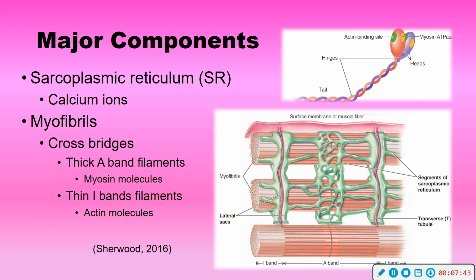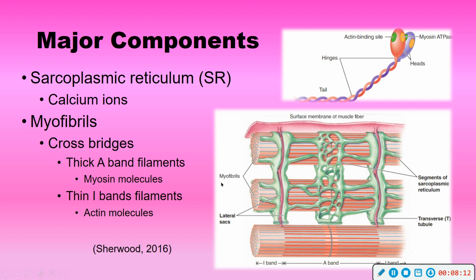These calcium ions are extremely important for our muscle because without those calcium ions, you do not get muscle contraction, muscle relaxation. It is part of a very important process that allows these things to occur. So, the sarcoplasmic reticulum contains sacs that hold calcium ions.